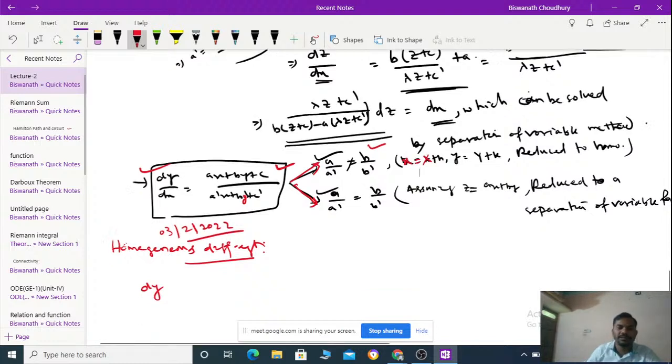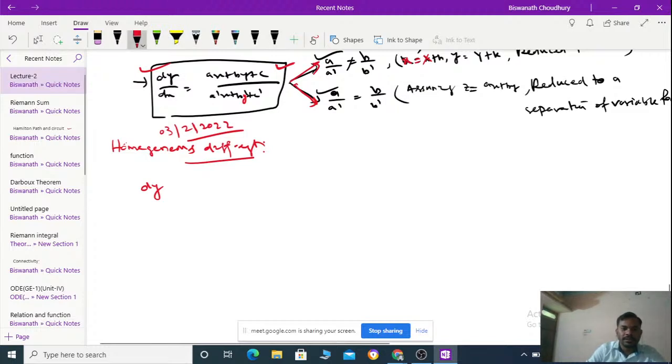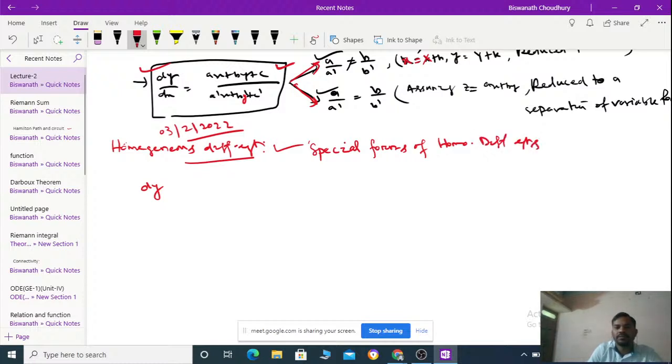Okay, I am writing these things. We already did what is a homogeneous differential equation. Now I am saying special forms of homogeneous differential equation.